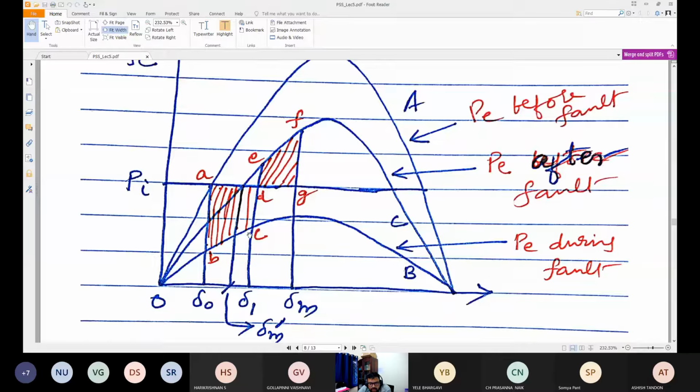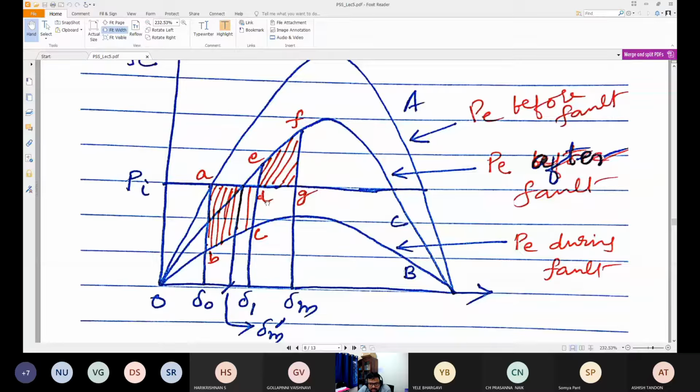Now, how will you apply the equal area criteria here? In the accelerating section, we have the area PM minus PE, where PE is governed by curve B and PM is a constant, the horizontal line here. So PM minus PE is this area. In the deceleration area, we have PE minus PE... PE minus PM, because PM is less than PE, and PE is governed by a curve.